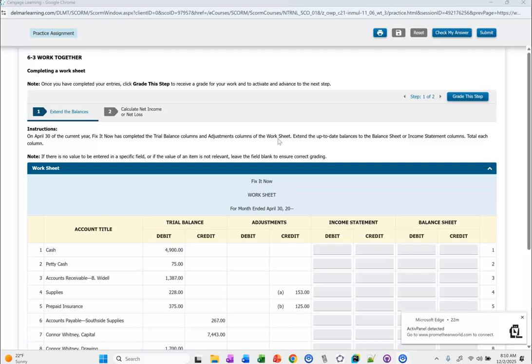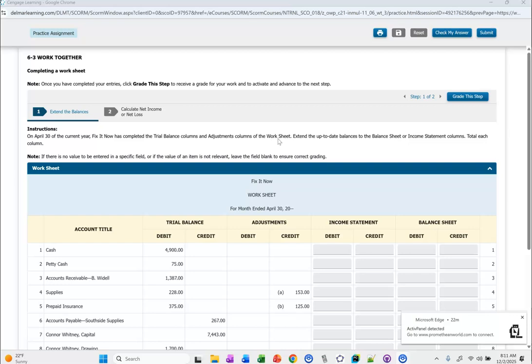It says, note that once you've completed your entries, click grade this step to receive a grade for your work and to activate and advance to the next step. So notice that there is a second step to this problem, right? You see the tab with a 1 and a 2. So it's like a two-parter question.